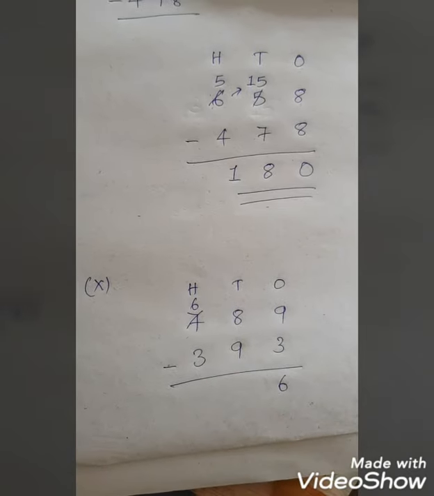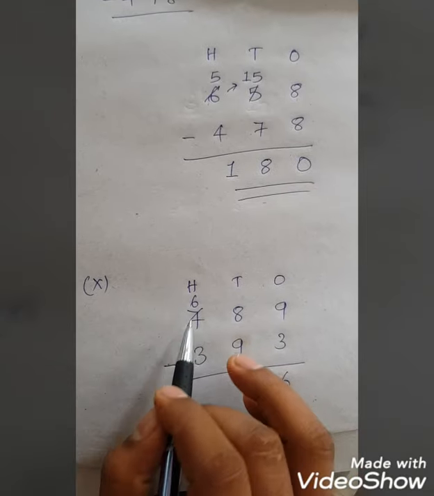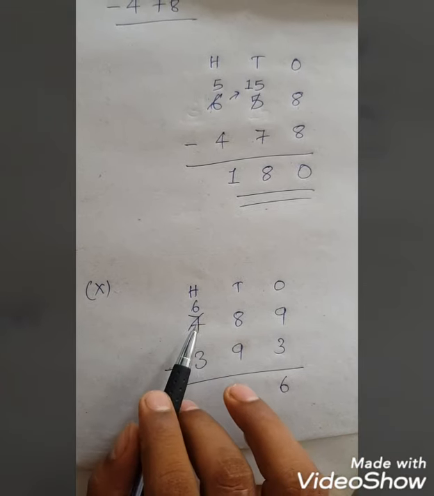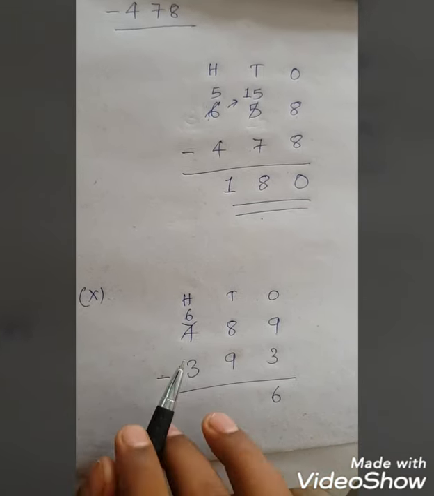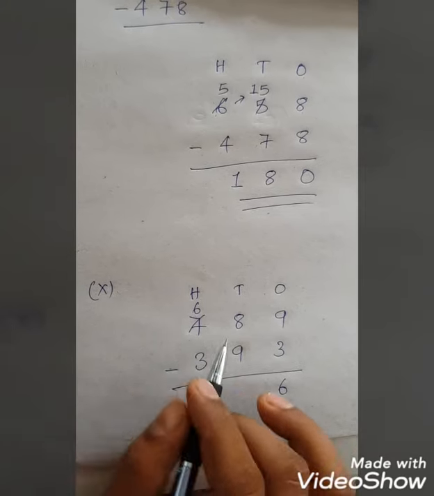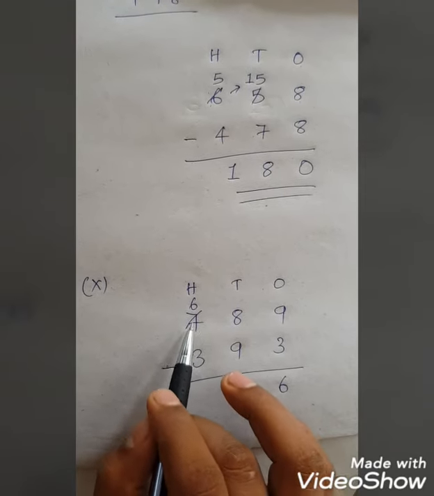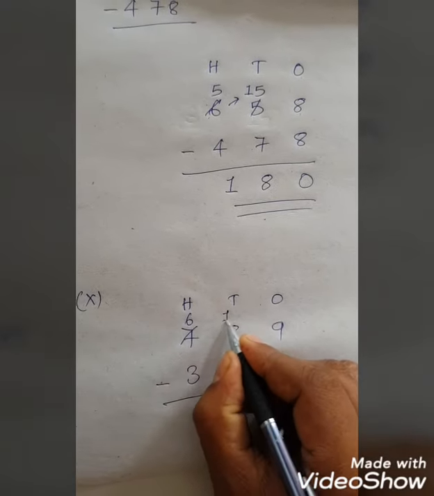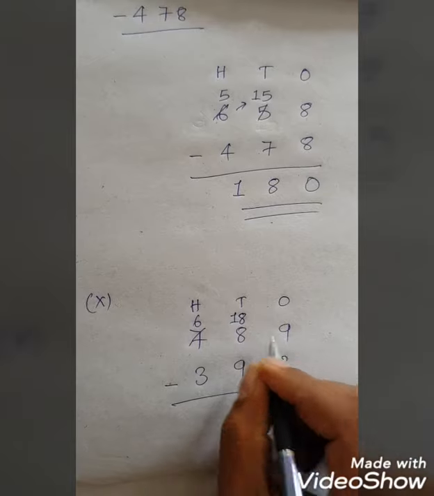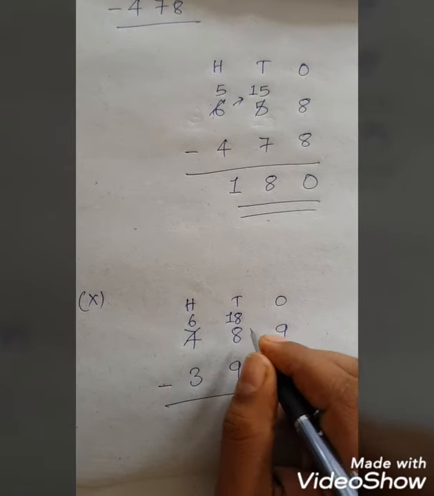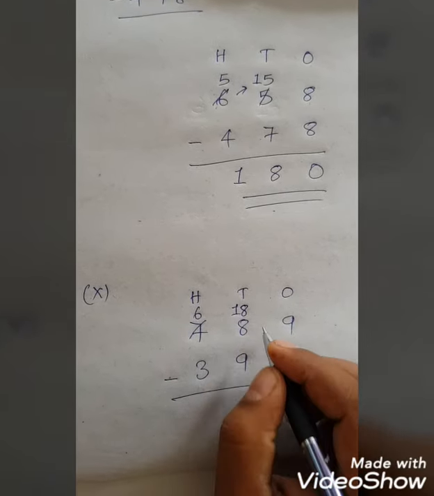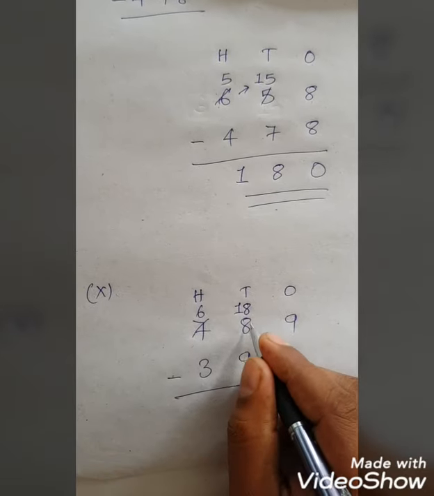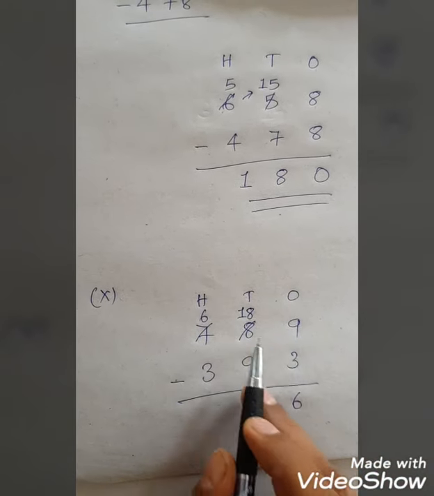Okay students, remember when we take out 1 from this number or any number, we should cancel that number and write 6 here. So that 1 will be taken to the tens column. So here 18 is there.